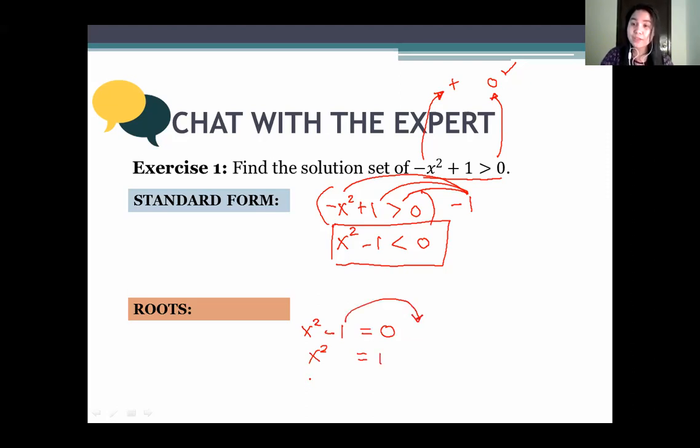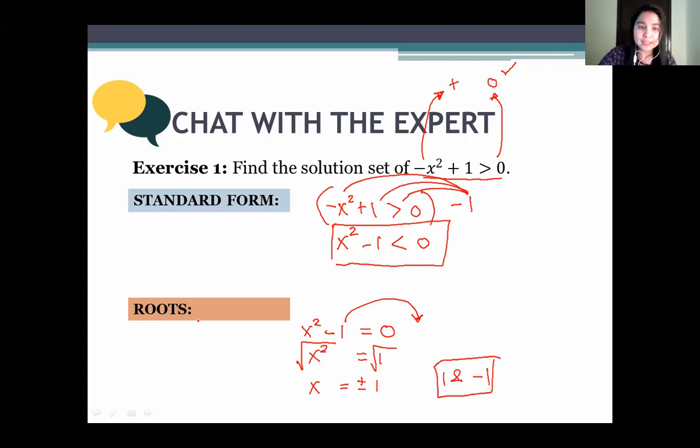We extract the square roots of both sides. So we have x equals, what's the answer for the square root of 1? Do not forget, okay? Plus and minus 1. Again, the roots are +1 and -1.